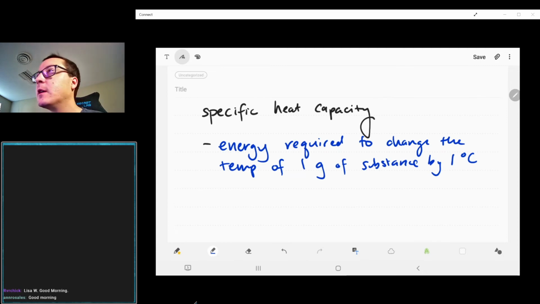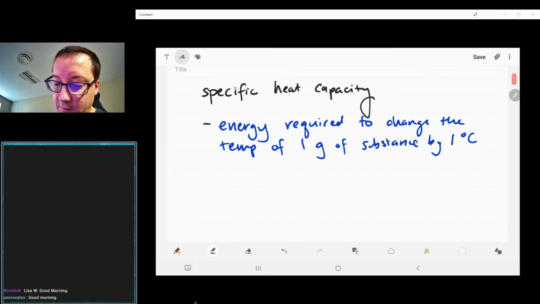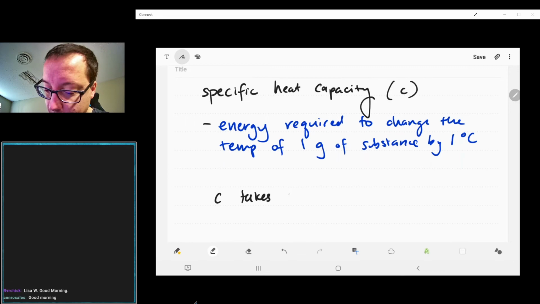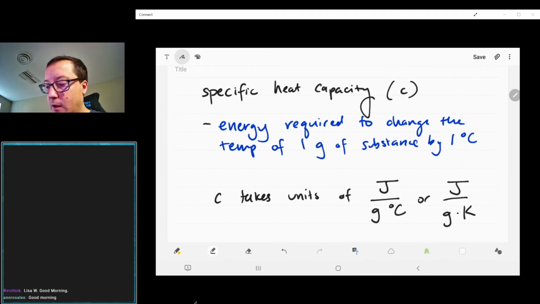So we're going to see there that it's going to take the units of, by the way, it's abbreviated C. That's what specific heat capacity's letter is if you want to use it in an equation. But C will take the unit of joules per gram degrees Celsius, or joules per gram Kelvin.